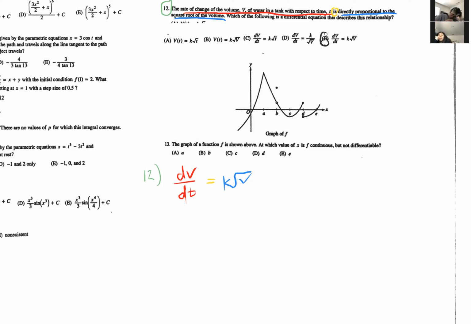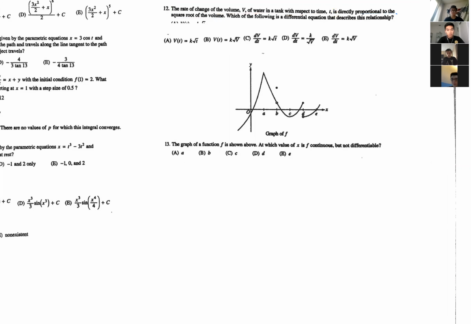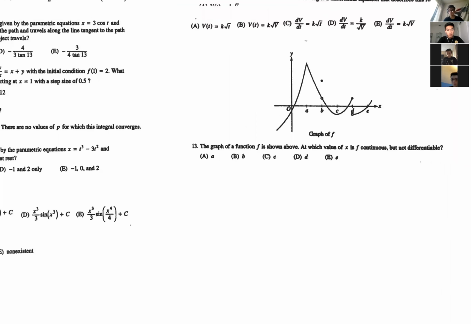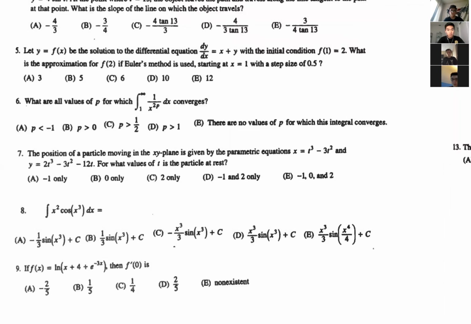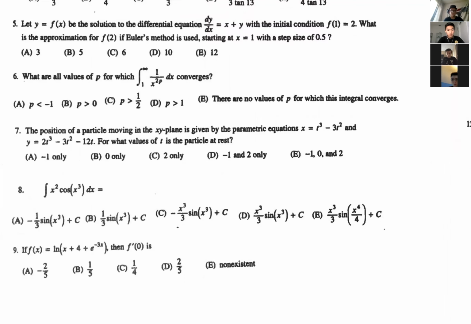We're good. And these are the ones I want to make sure that you are good on. So last call, anything on 1 through 13? Number 7. Let's look at number 7. Oh, did I tell you to skip 7?